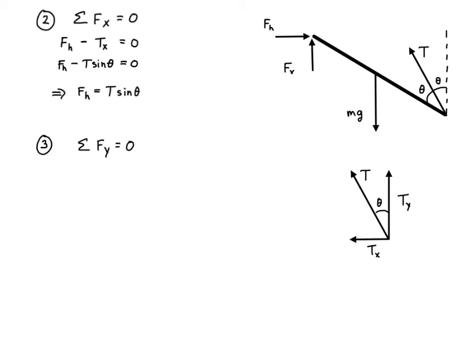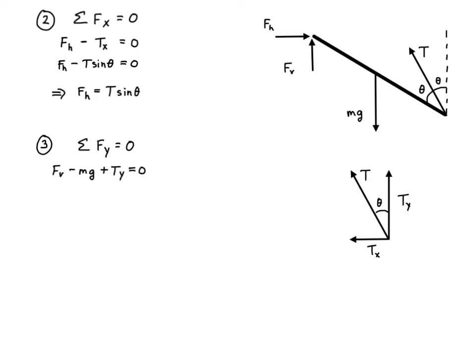Similarly, we can go to the third step, which is summing the forces in the y and setting them equal to 0. Here we would have F sub v, which is positive, minus mg, the weight, negative, and plus Ty, positive. Now, sometimes you might not know if a certain force is positive or negative.